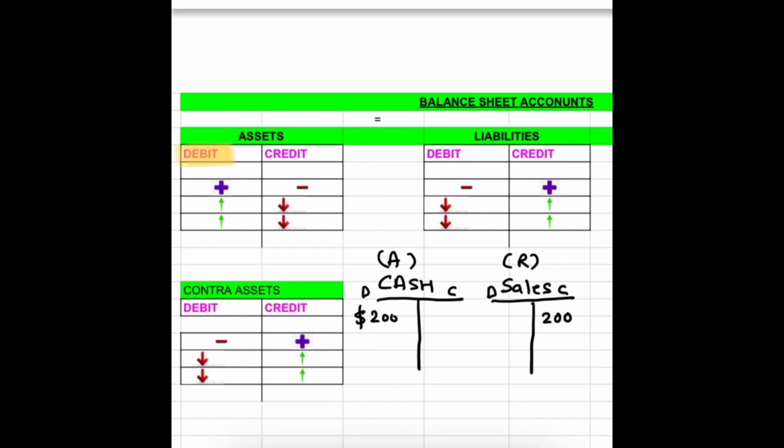So our equation will be balanced. We increase the cash, we increase the sales. For cash, the entry goes on the debit side. For sales, the entry goes on the credit side. For now, just concentrate on assets. Assets increase on the debit side and decrease on the credit side. Because we received cash of $200, we entered it as an increase on the debit side.